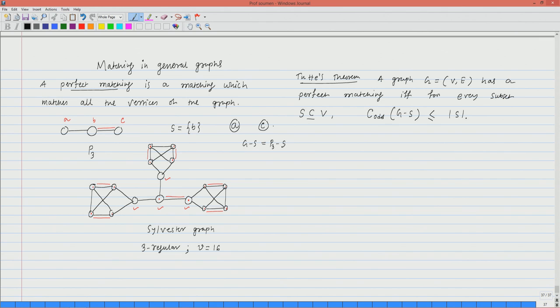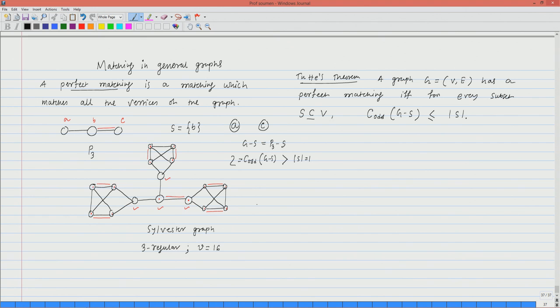So, here G minus S has 2 odd components, A and C. So, c_odd of G minus S is equal to 2 here, which is greater than the cardinality of S, which is equal to 1. So, this graph does not satisfy the necessary and sufficient condition of Tutte's theorem. So, that is why this graph does not have a perfect matching.